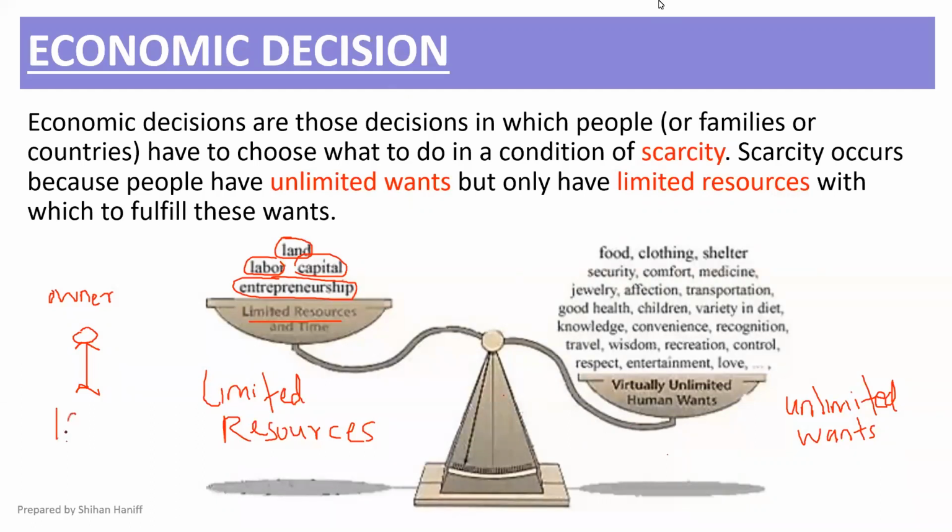Let's say the owner has 100,000 rupees. He is planning to invest in different options. He has many options. He can deposit in the bank.